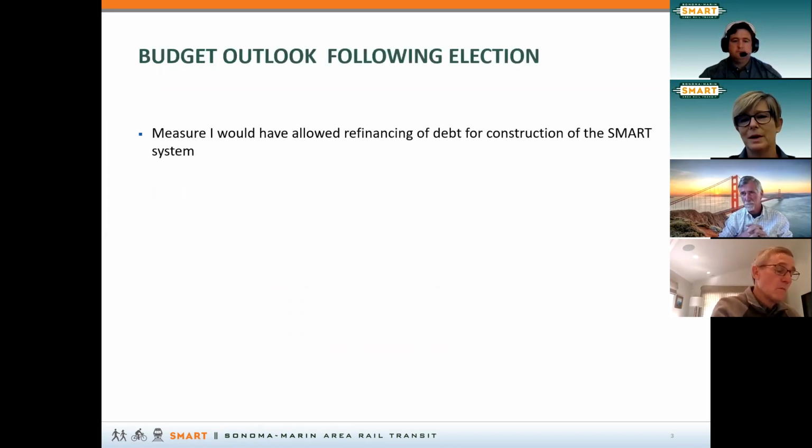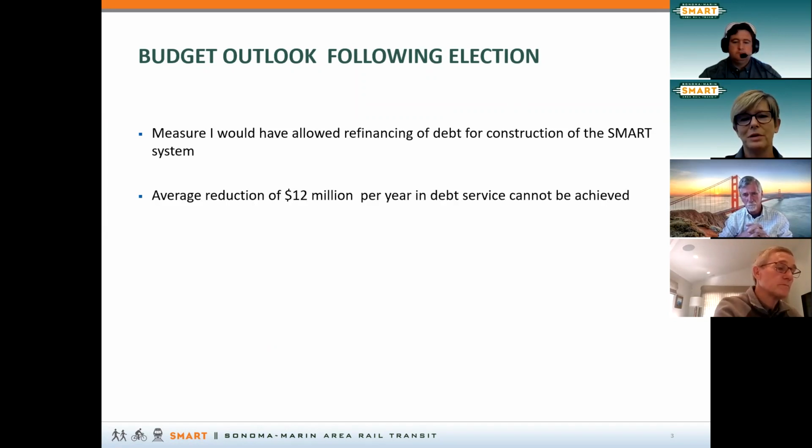So as we've talked about already, Measure I would have allowed for the refinancing of debt for the construction of the SMART system. You are very familiar with the average $12 million per year reduction in debt service that we had hoped to achieve, and we can now not achieve. So that's an expenditure we had hoped to reduce and to improve our cash flow.